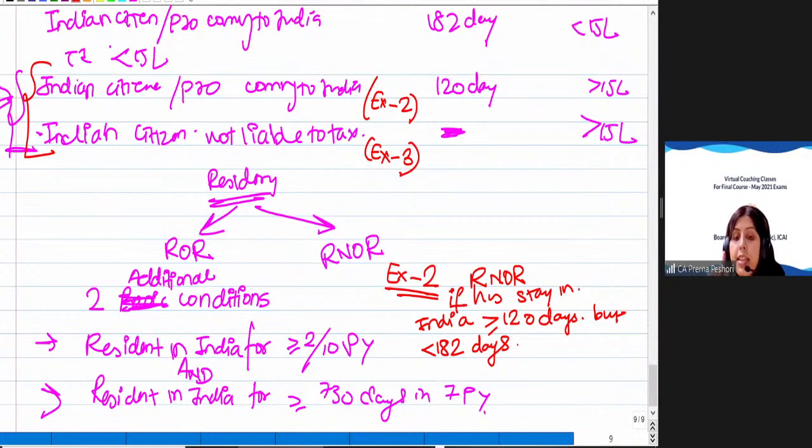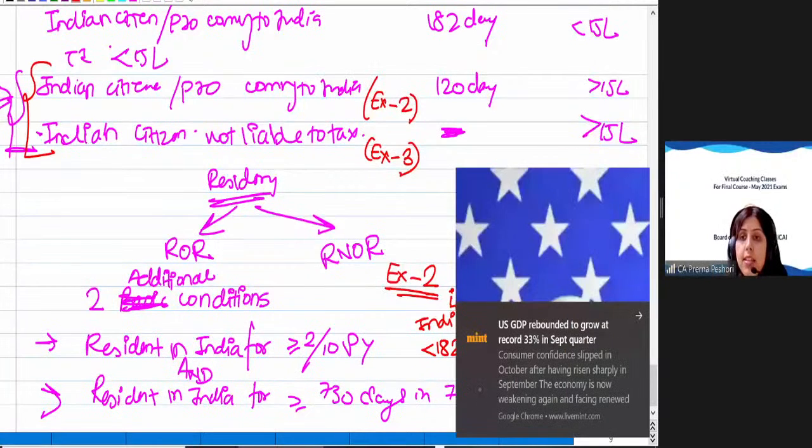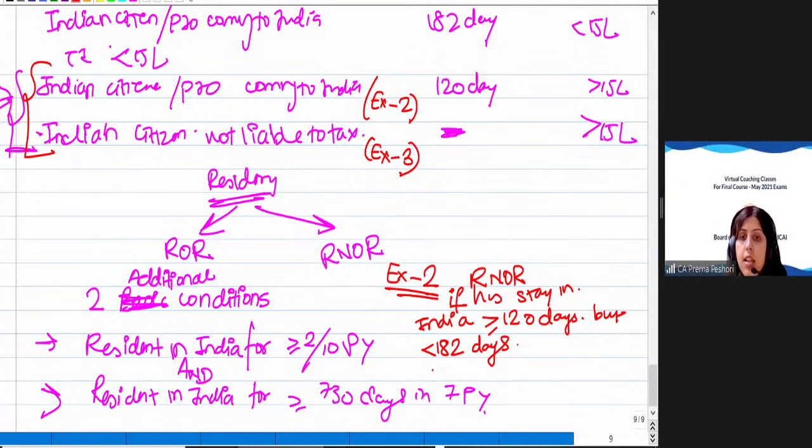Clear? Then exception 3, Indian citizen not liable to tax: a person who is deemed resident will always be considered as resident and not ordinary resident.